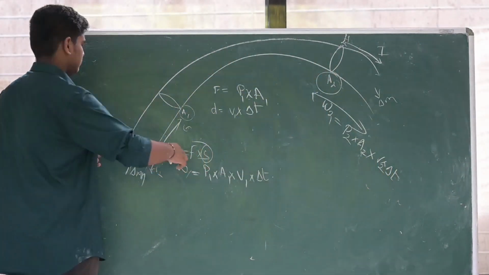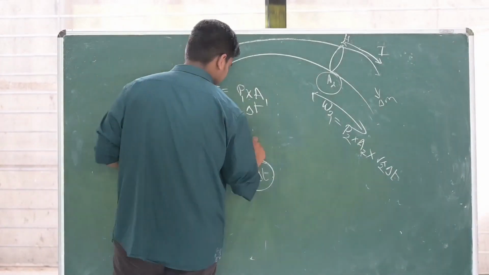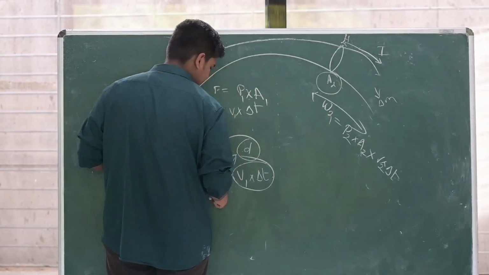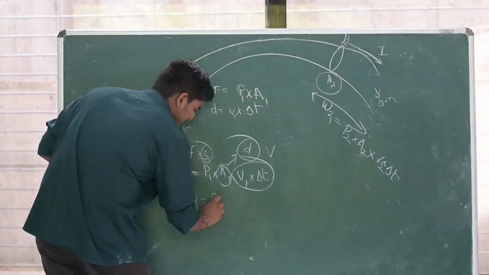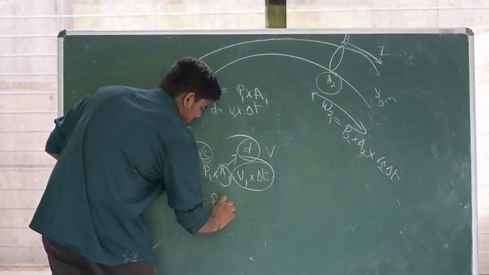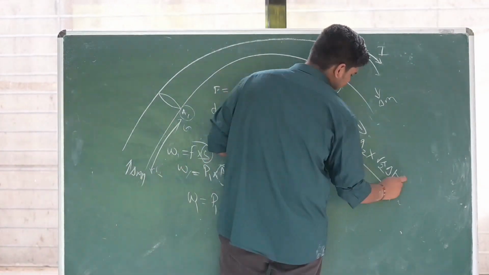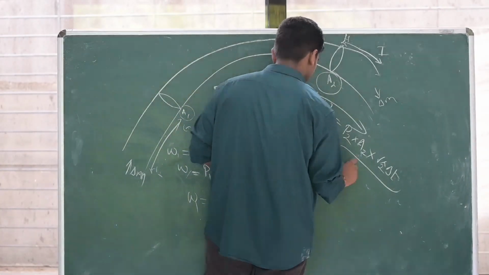Now, velocity into time is just displacement or distance or height. Now, area into height will result in volume. So, W1 is equal to P1 into volume. And similarly, W2 is equal to P2 into volume.